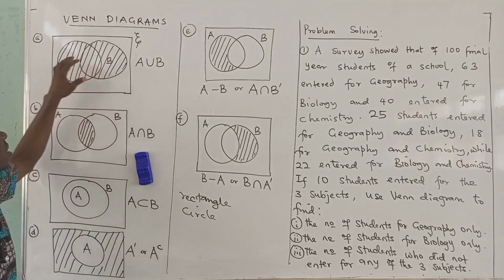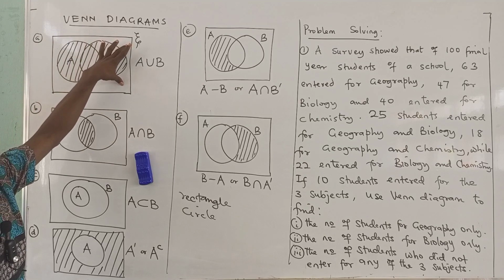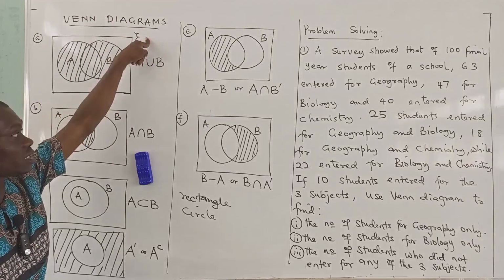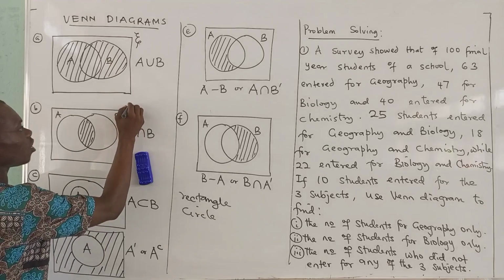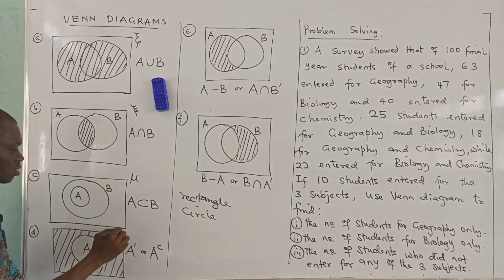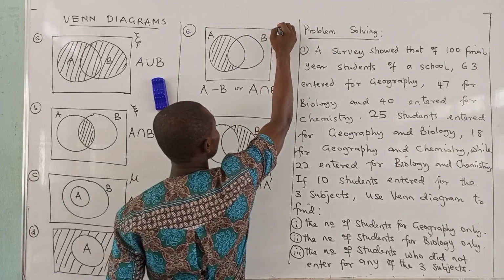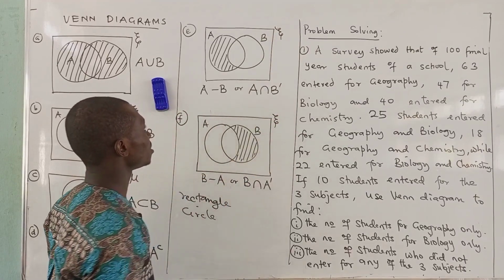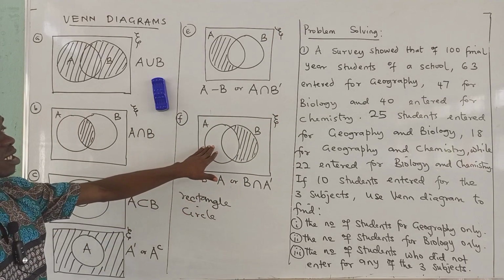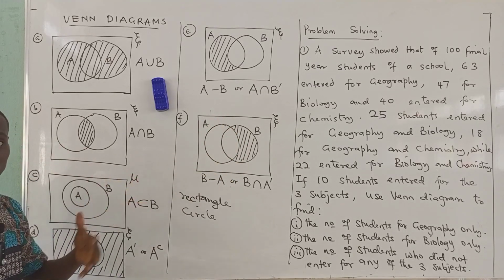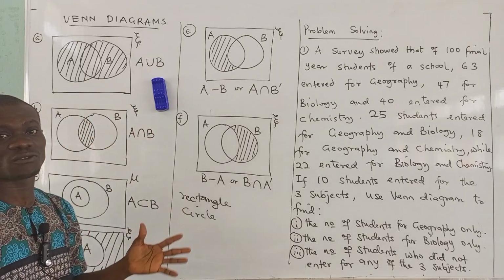So like here you can see we have set A and set B inside a rectangle which is represented as a universal set. You remember there are two signs that you can use to represent the universal set. So all of these are universal sets, while the circles inside represent the small sets or subsets of that universal set.